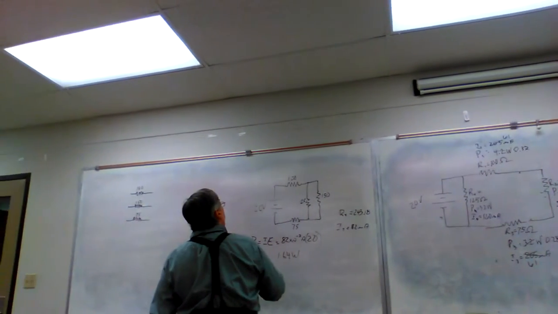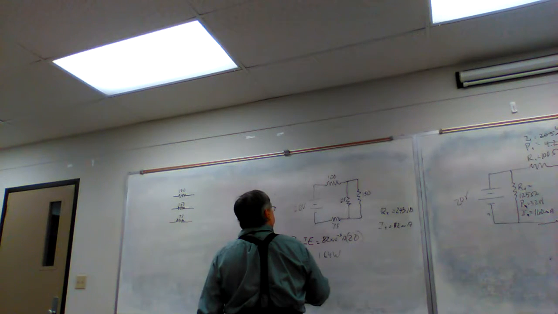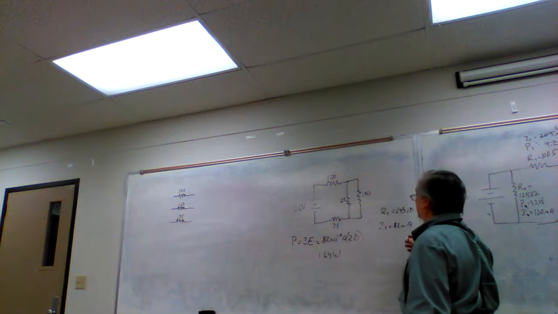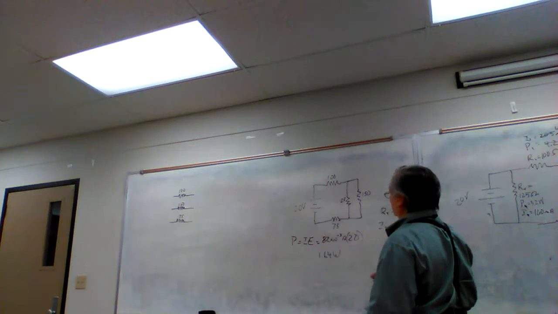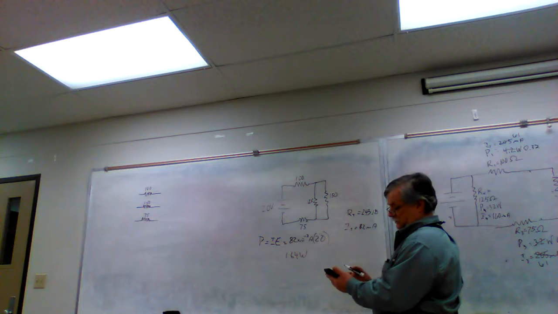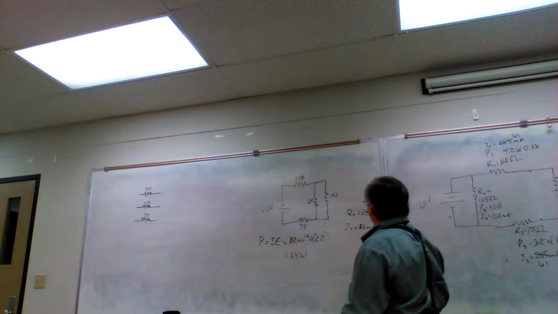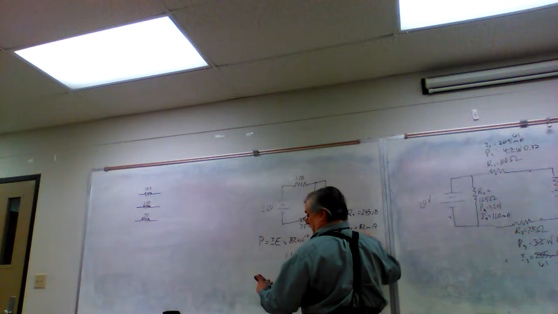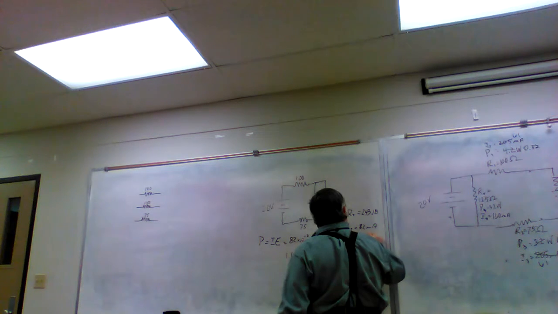What does that work out to here? You've got a total current of 82 milliamps and a voltage of 20 volts. So we have a total power dissipated of 1.64 watts.